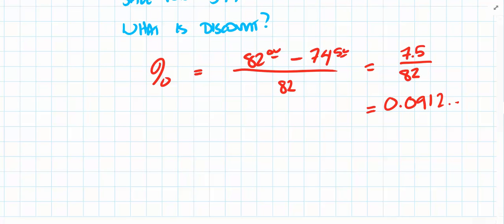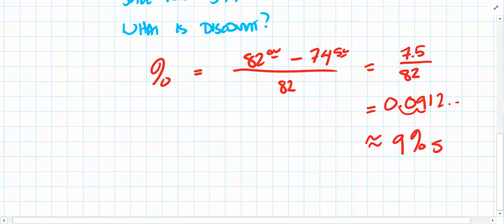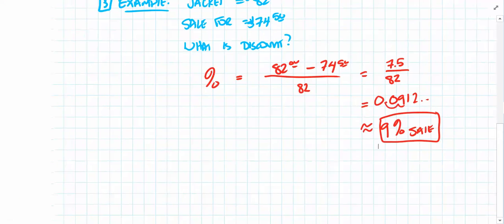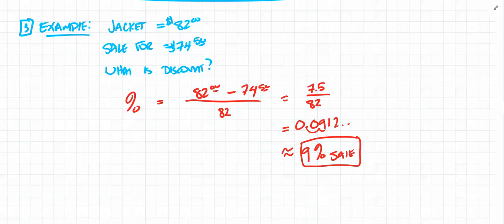If I move the decimal over 2, this is approximately a 9% sale price. You guys agree with that statement? Is that a fair statement? So if the jacket was $82 and it was on sale for $74.50, then I'm getting 9% in savings. It's a 9% sale. Does that make sense? Okay.